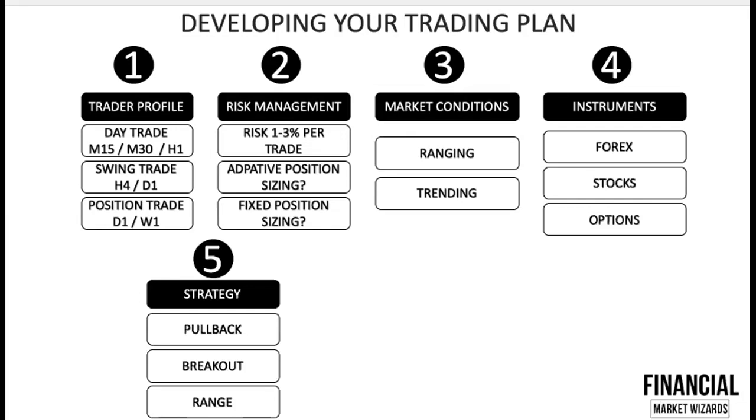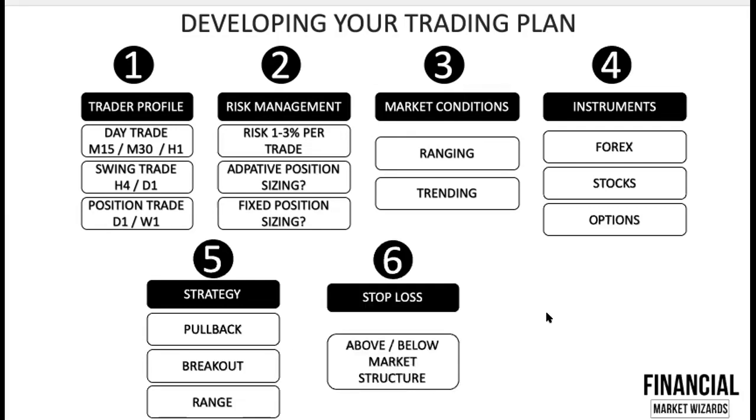Pullbacks are the same as retracement. Or you want to trade breakouts. If you are trading a ranging market, then of course your strategy will be the range. As we said earlier, if it's a range, are you allowed to buy and sell both ends of the range, or are you only allowed to follow the trend? If it's an uptrend, you only buy. If it's a downtrend, you only sell the top of the range.